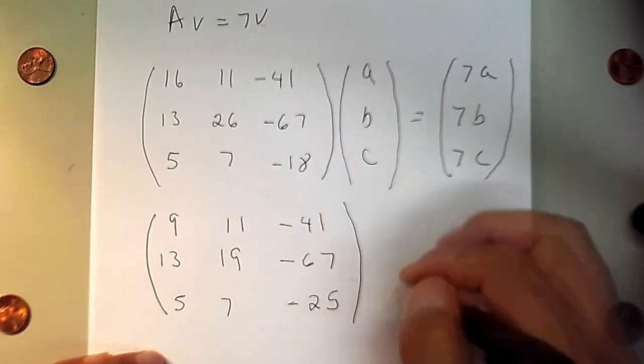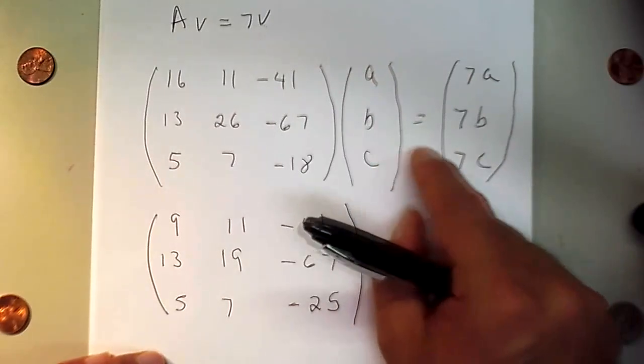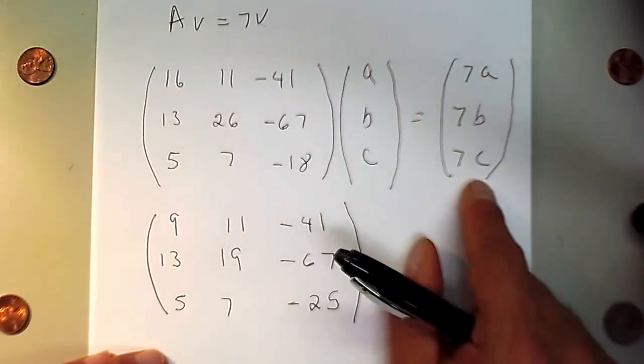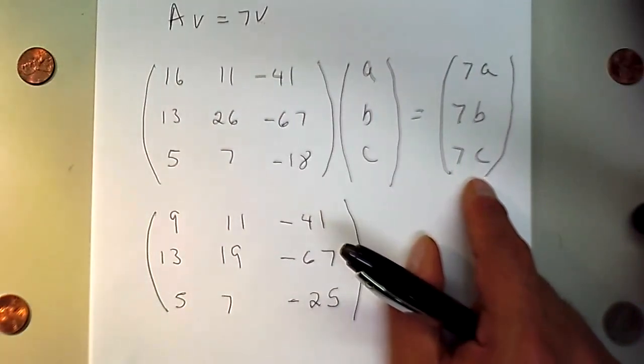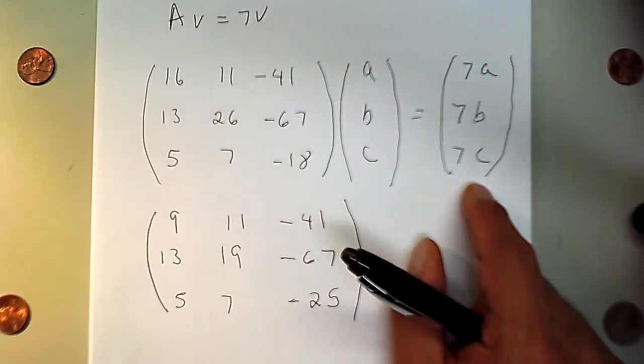Now, we're still going to have A, B, C, but then this is going to be 0, 0, 0. And then we want to solve that for A, B, and C.